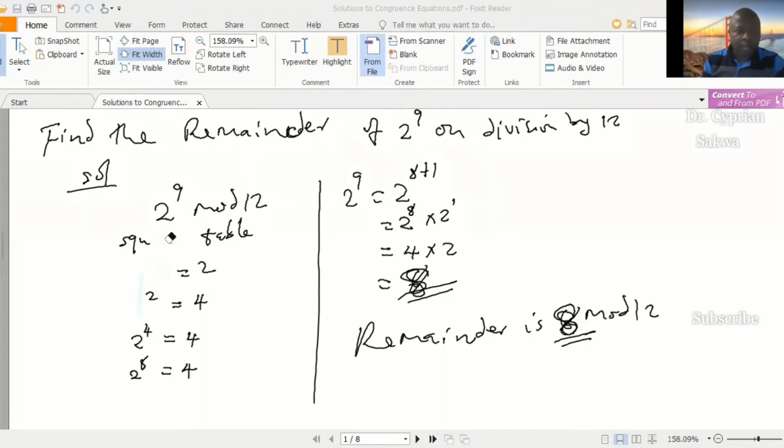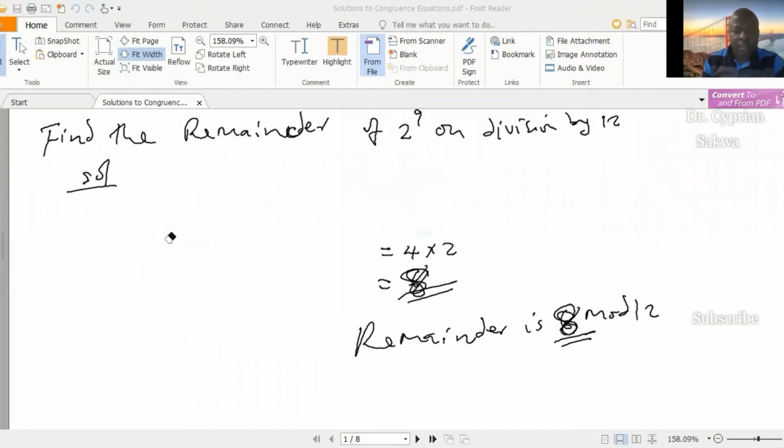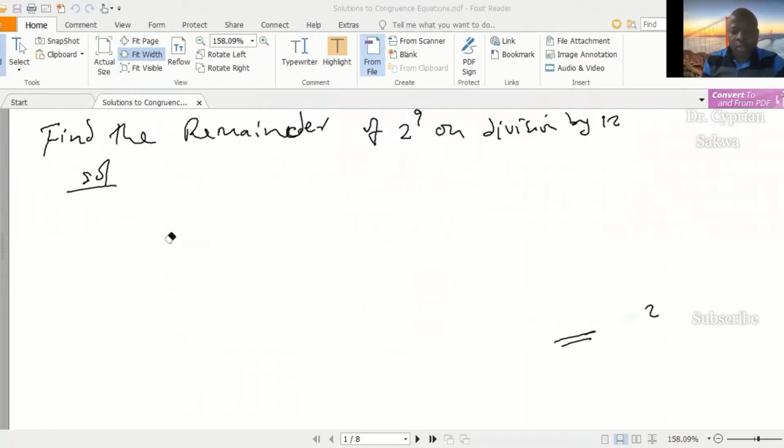Okay. Let me do the last example. And I hope the examples we've done, you can generalize them to do all the questions involving remainders. So the other question is, find the remainder of 5 raised to 15 on division by 20.